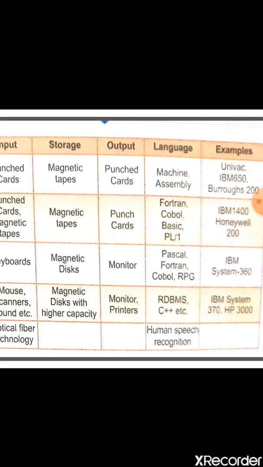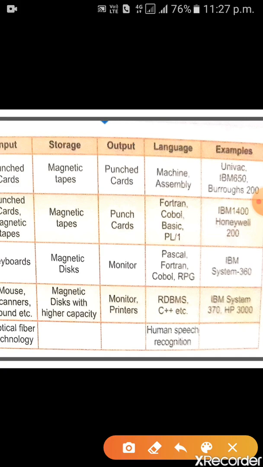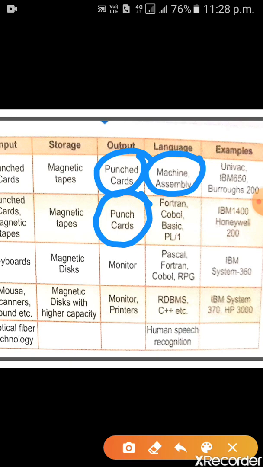Now children, in the first generation of computer, the output device was punch card, and machine and assembly languages were used. In the second generation of computer, punch cards were used as an output device, and the languages Fortran, COBOL, BASIC, PL1 were used.